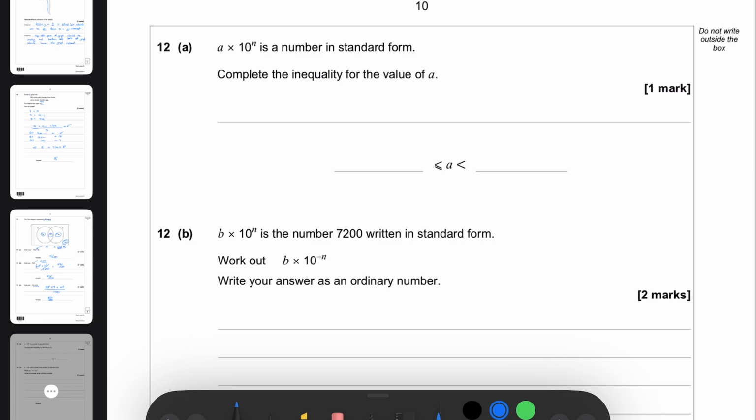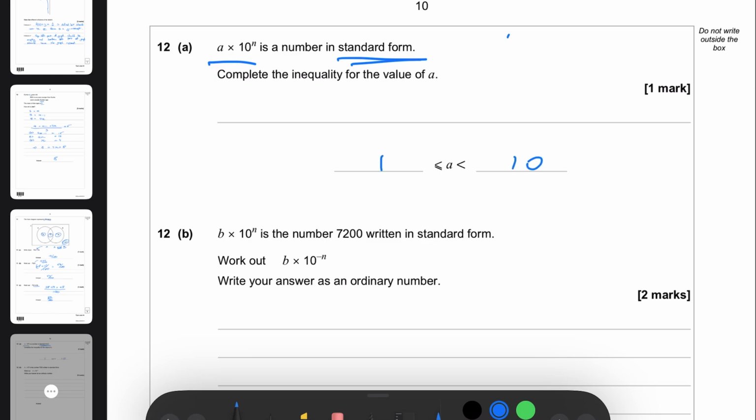A times 10 to the n, numbers in standard form. Once again, basic knowledge. They just want to make sure that you know what standard form is. Standard form is when you have a number in this form, but A has got to be between 1 and 10.